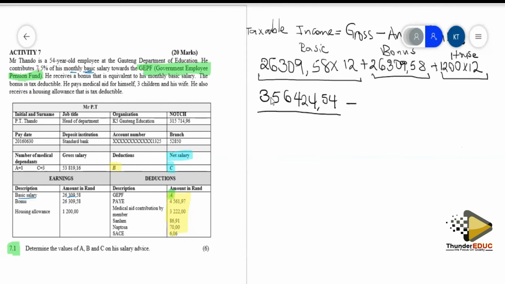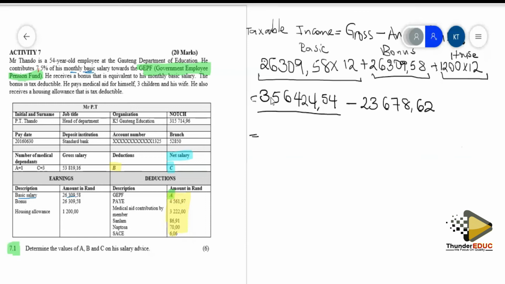So minus the annual pension. For those who don't know how we got this, remember the value of A that we had here. Get it and multiply it by 12.